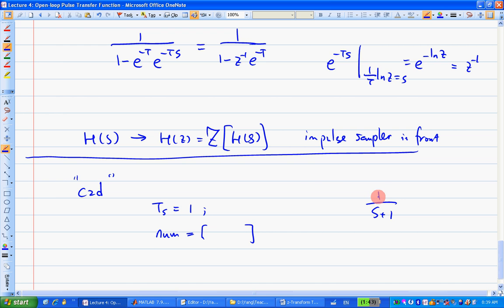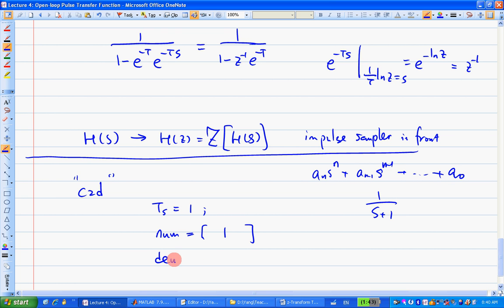For example, the numerator is typically a_n s^n plus a_(n-1) s^(n-1) up to a_0. That's a polynomial, and the coefficients of the polynomial are the a's. In this one, there's nothing else but just a 1, which is a_0. So for the numerator you just put 1.